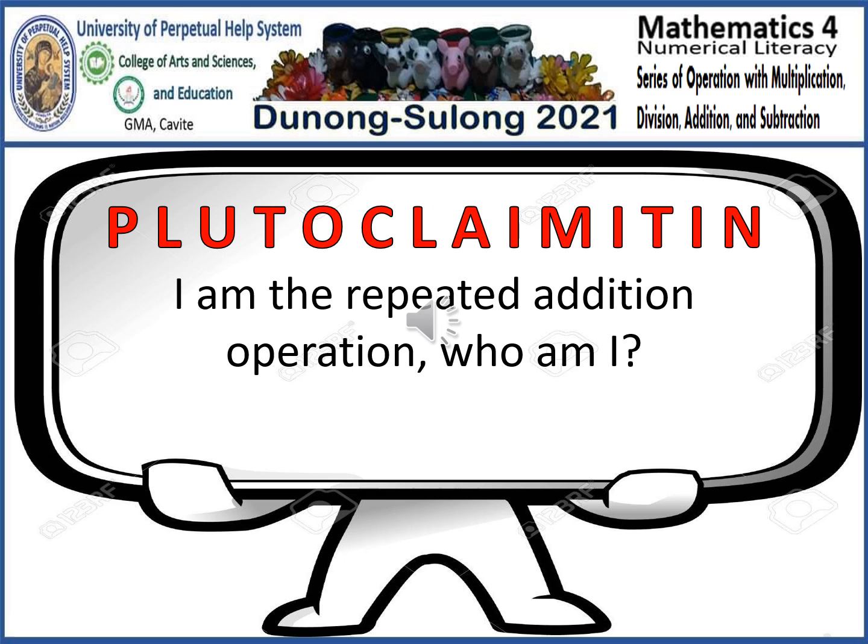The third mystery word letters are P, L, U, T, O, C, L, A, I, M, I, T, I, N. It is said that I am the repeated addition operation. Who am I?